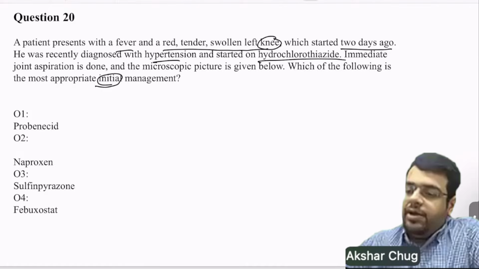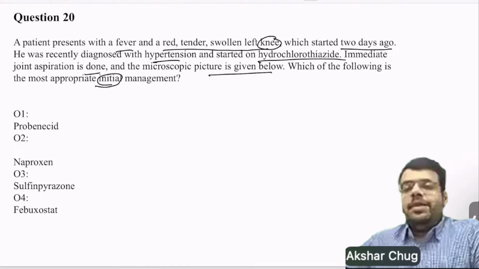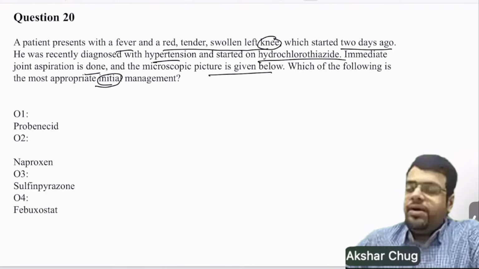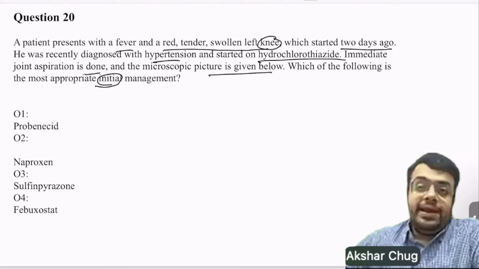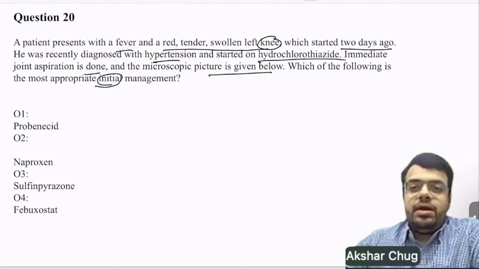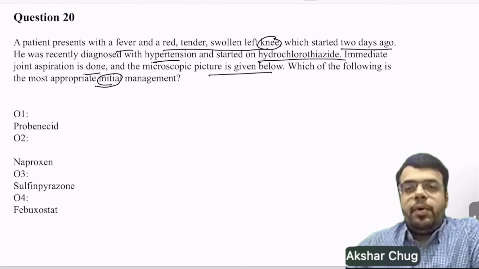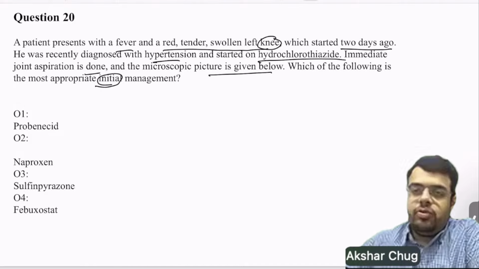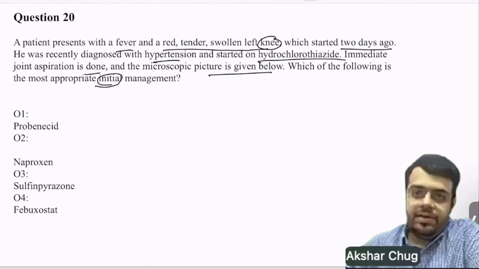Immediate joint aspiration is done and the microscopic picture is given below. The picture showed needle-like birefringent crystals. As we know, needle-like negatively birefringent crystals are classical of gout, whereas rhomboid-shaped positively birefringent crystals are seen in CPPD or pseudogout, in which there is deposition in the knee joint.